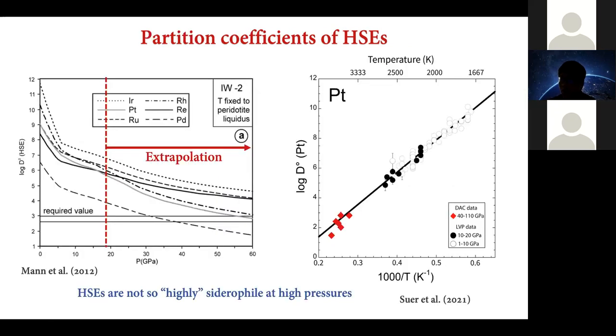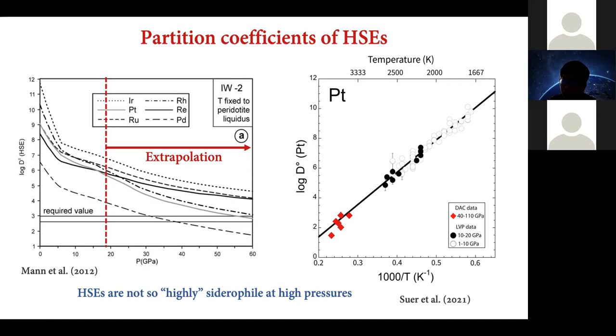However, the partition coefficients of HSE between core and mantle are not so high at high pressure. The left figure is results from Mann et al. Mann et al. measured the partition coefficient by experiments up to 18 GPa and found they decrease with pressure.